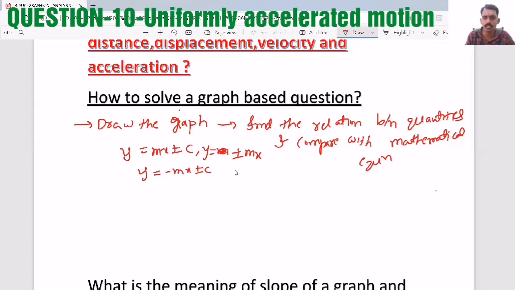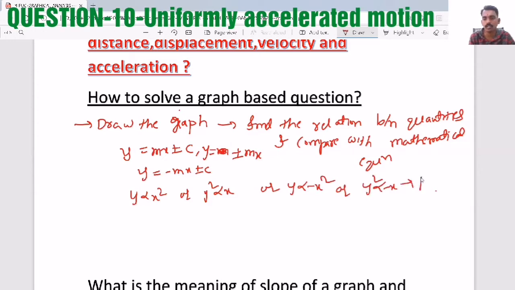So slope can be positive or negative, and intercept can be positive or negative, or the intercept may be 0. And also like y proportional to x square, or y square proportional to x, or y proportional to minus x square, or y square proportional to minus x.